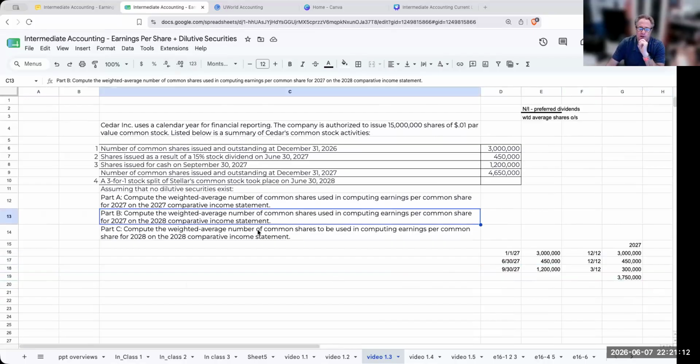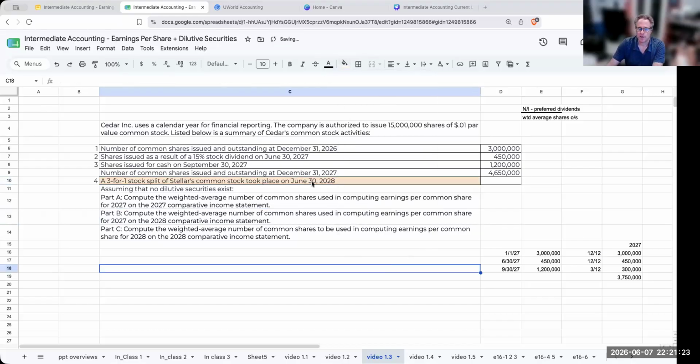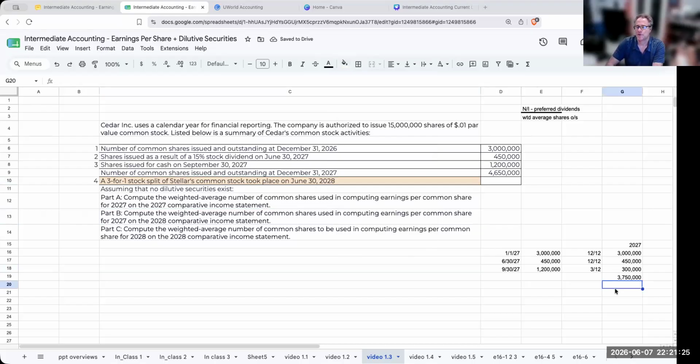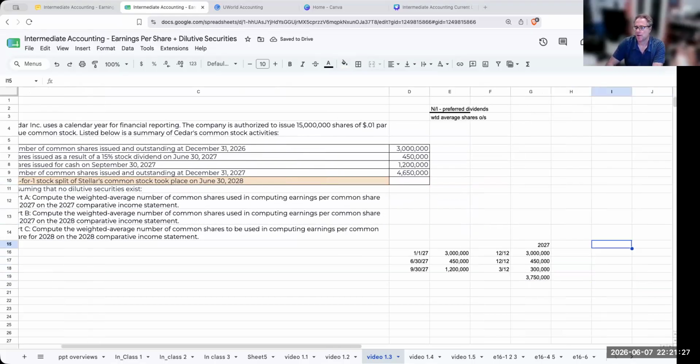Compute the weighted average number of common shares used in computing earnings per common share on the 2028 income statement. Now, with this, there's been a change, right? There was a 3-for-1 stock split. So when I do this, we're taking back 3.75 million, and we're going to issue those investors 3 new shares.